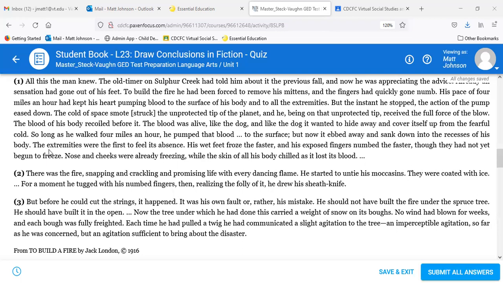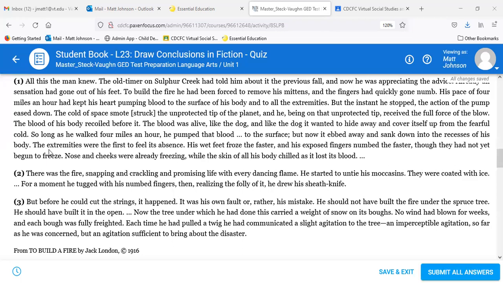Each time he had pulled a twig, he had communicated a slight agitation to the tree, an imperceptible agitation so far as he was concerned, but an agitation sufficient to bring about the disaster. From To Build a Fire by Jack London, 1916.